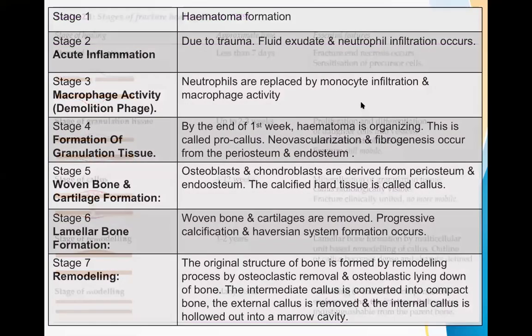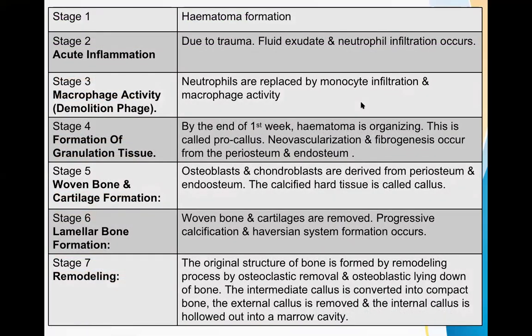Now see here, another slide is telling us about the microscopic changes occurring at the fracture site. Stage 1 is hematoma formation, similar. Stage 2, there is acute inflammation going on. Acute inflammation is all about neutrophil migration there. Stage 3 is macrophage activity.